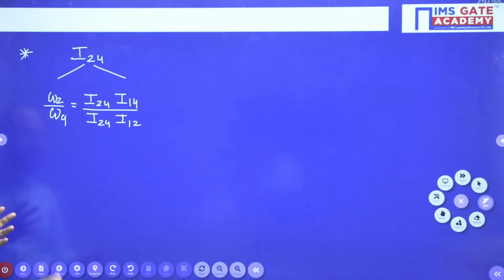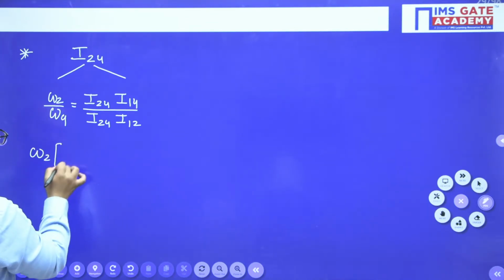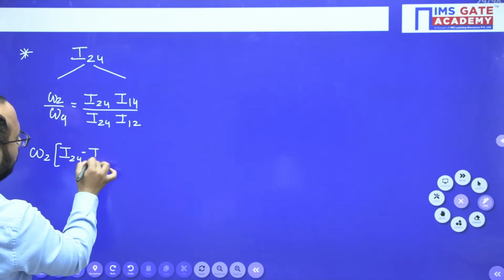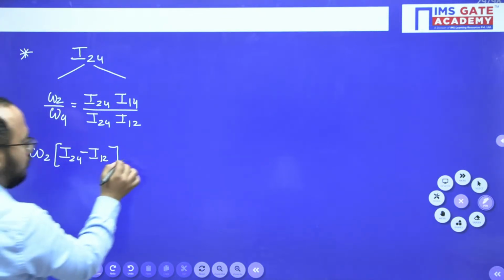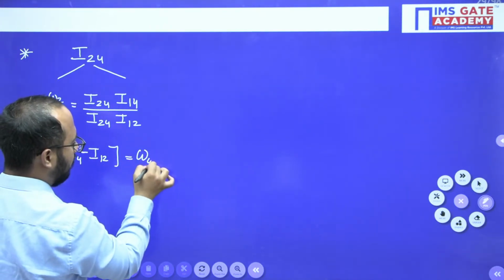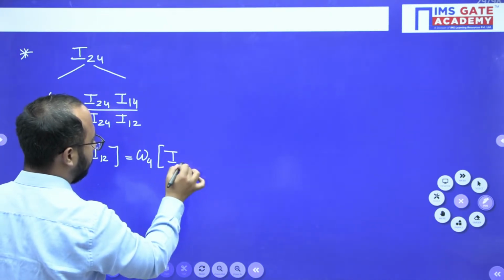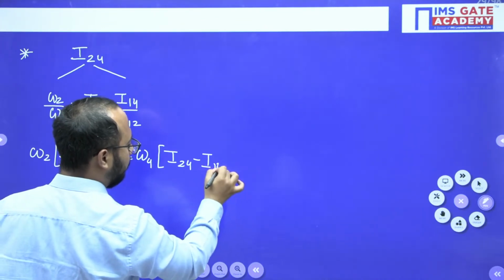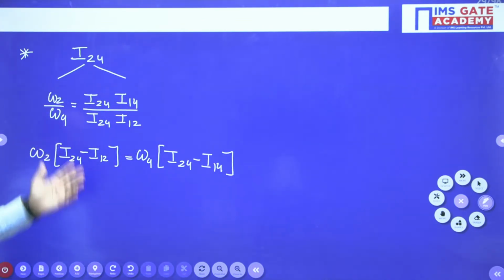Actually, it is nothing but omega 2 multiplied by the distance of I24 from I12 equals omega 4 multiplied by the distance of I24 from I14. Okay, I hope this point is clear.